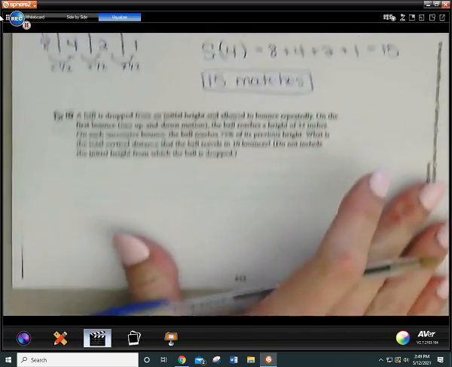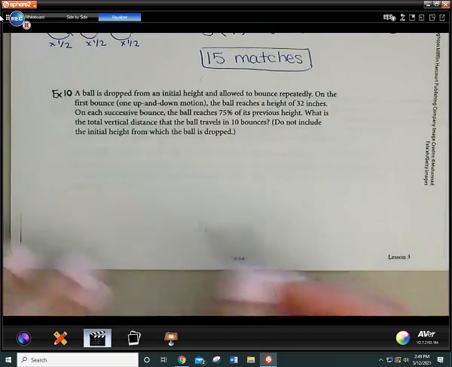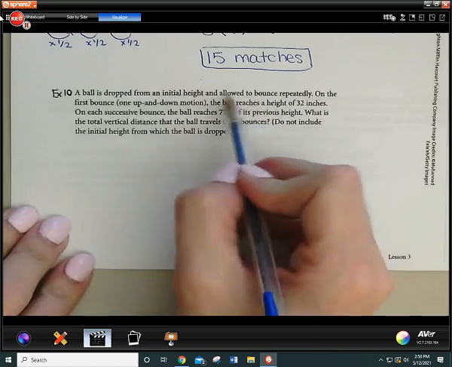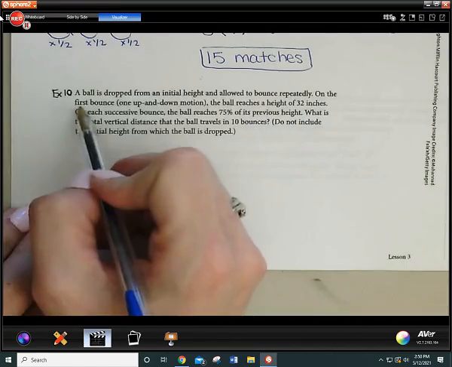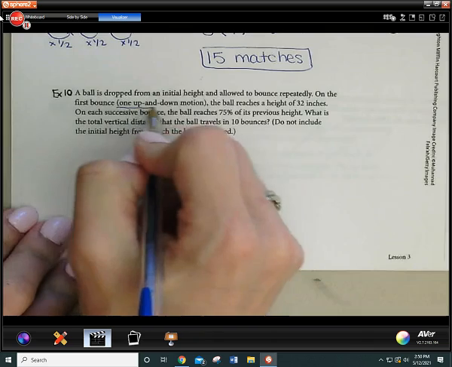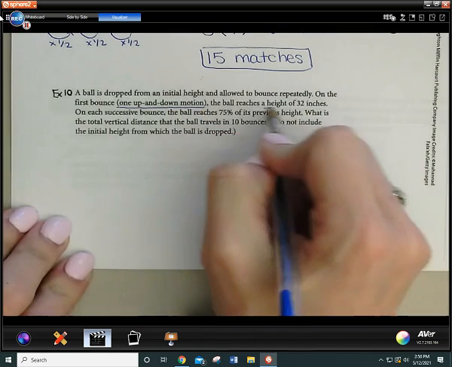All right, let's look at this next one. So we have a ball that's being dropped and it's allowed to bounce repeatedly. On the first bounce, going up and down, the ball reaches a height of 32.